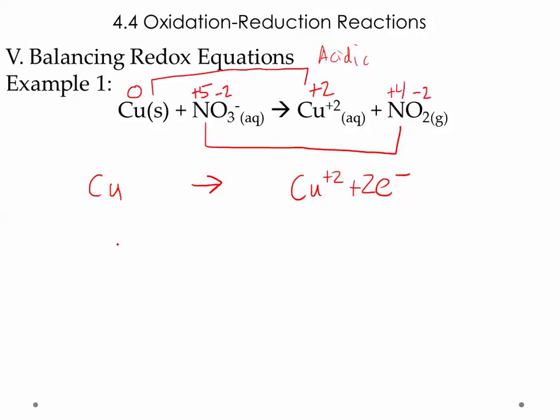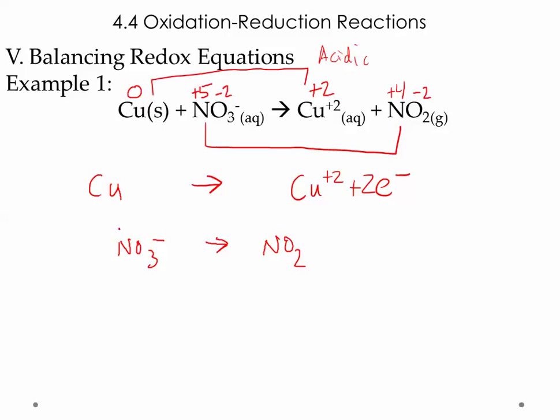So now let's go to the next half reaction. We have a nitrate ion that produces nitrogen dioxide. We have one nitrogen here and one nitrogen there, so that is balanced. Next we need to balance the oxidation numbers.